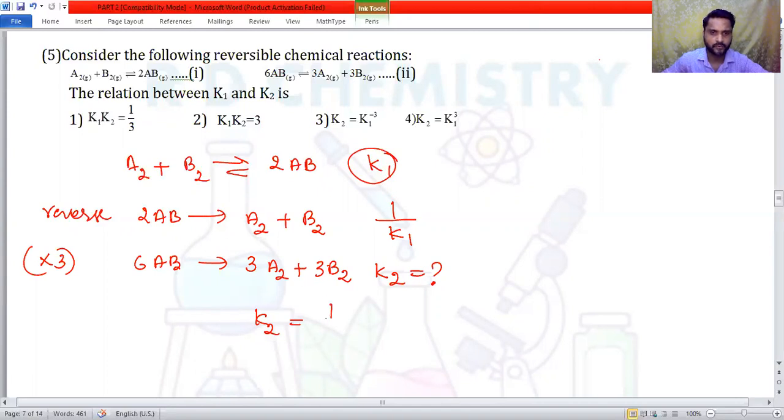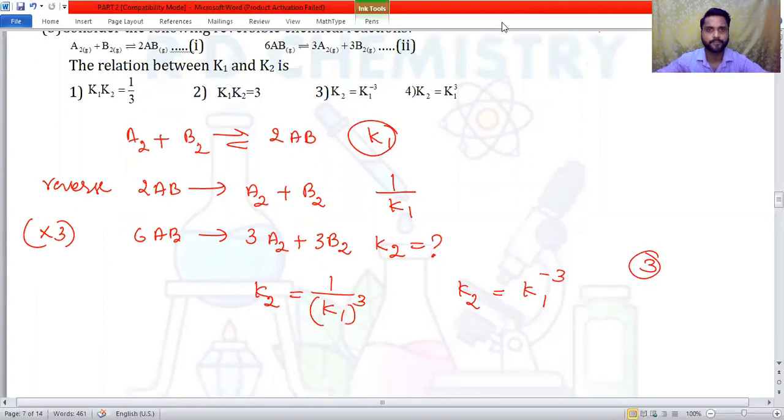First you have to reverse it. So it becomes 1 by K1, right? And also after that we have multiplied by 3, therefore it becomes to the power 3. Or K2 is equal to K1 to the power minus 3. That is option number 3 is the answer, right?